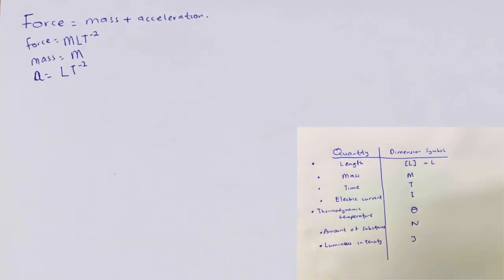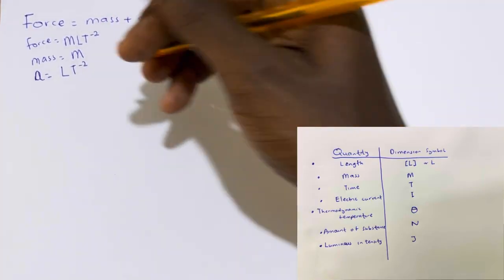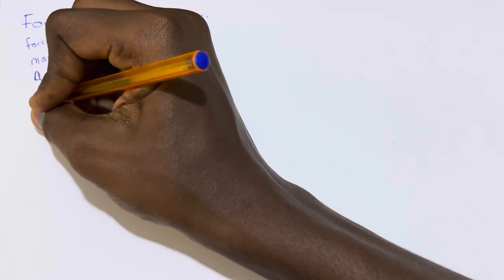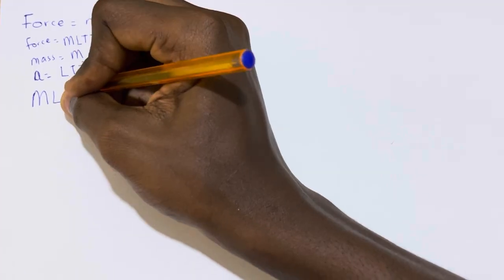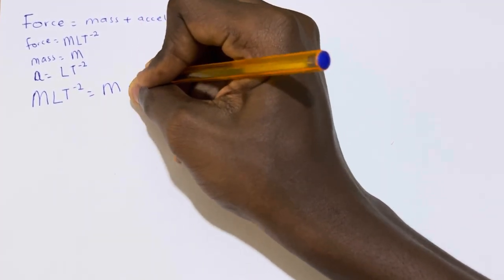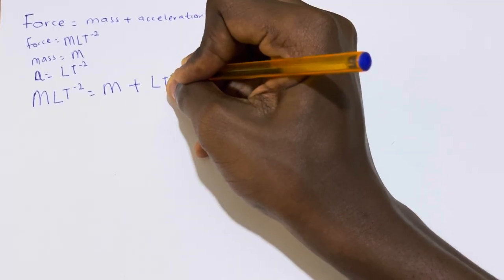Velocity is L T^-1. So then we're checking whether this is dimensionally right or not. So we have M L T^-2 equals M plus L T^-2.